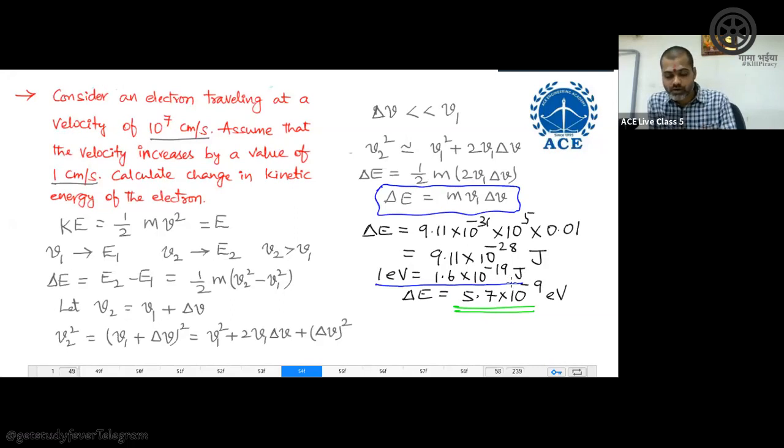Compared to this, delta E is 5.7 into 10 power minus 9 electron volts, so a 10 orders of magnitude larger value. But 1 centimeter per second, compared to 10 power 7 centimeters per second, is a very small value. So for a small variation in the velocity, there is a large variation in the energy.